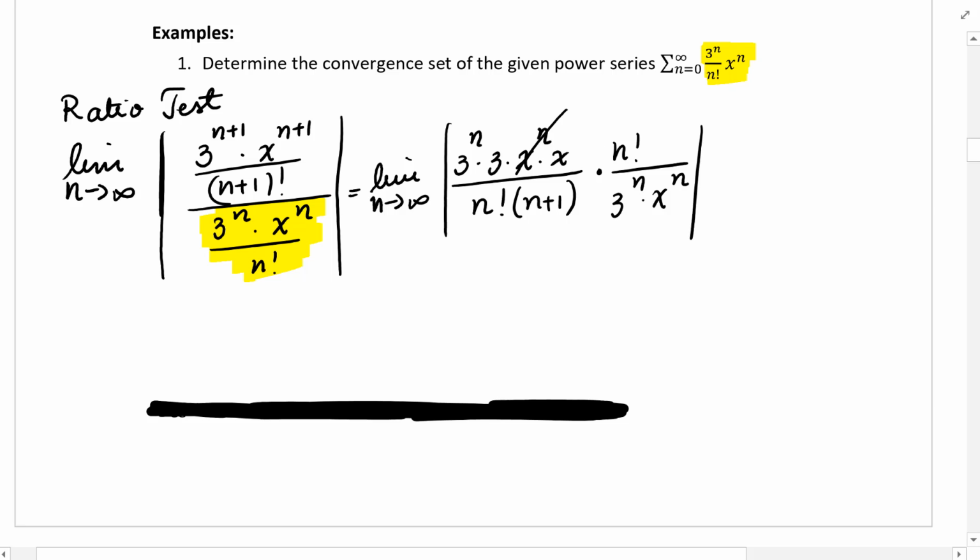Now x to the n cancels with x to the n, 3 to the n with 3 to the n, factorial with factorial, and we end up with limit as n is approaching infinity of 3x over n plus 1. So as n is approaching infinity, it does not matter what x is, 3x is a finite value, divided by infinity is going to equal 0, which is less than 1.